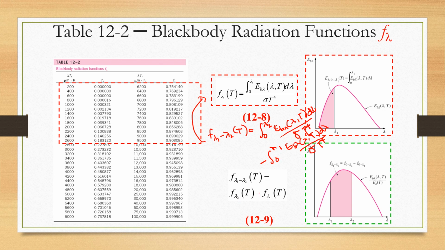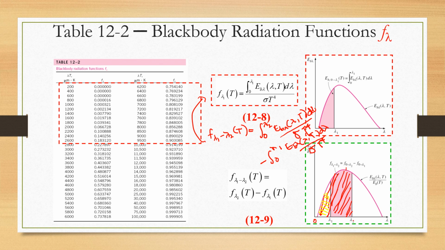Why minus? Now what we do here, from 0 to lambda 2, we are actually calculating the area under the curve for the fraction from 0 to lambda 2. So we have this graph. We integrate, and we are calculating the area under the curve from 0 to lambda 2. And then, in order to find the value of lambda 1 to lambda 2, we have to calculate the value of 0 to lambda 1, here at this point.